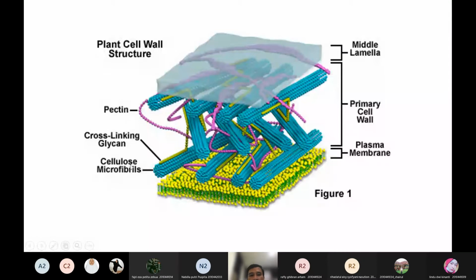So cellulose microfibrils and cross-linking glycans are also supported by the pectins. This is the common primary structure of the cell wall that supports the cells to be stronger as compared with animal cells that only have membranes, not cell walls.